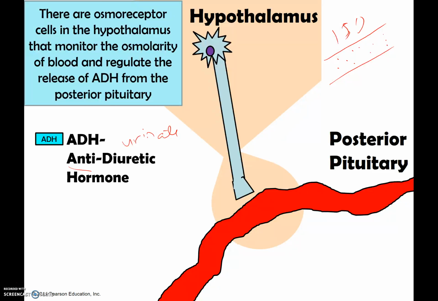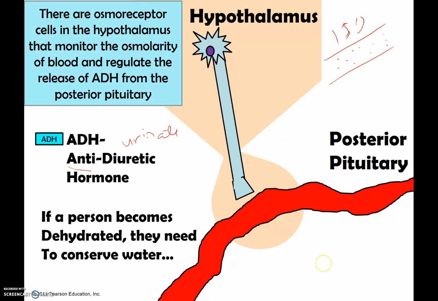So for example, if a person becomes dehydrated for whatever reason, their blood osmolarity is increasing. It's becoming hypertonic. They have too many solutes, and there's not enough water to balance it in an isotonic situation. There are receptors in the hypothalamus, osmoreceptors, that detect your blood osmolarity. And now the hypothalamus is going to say, we need to conserve our water.